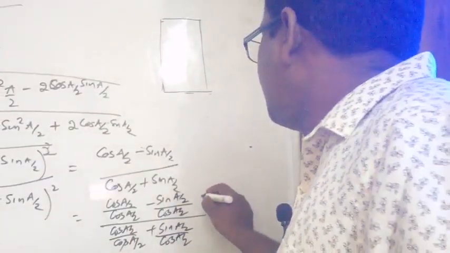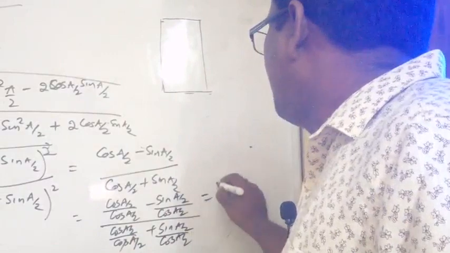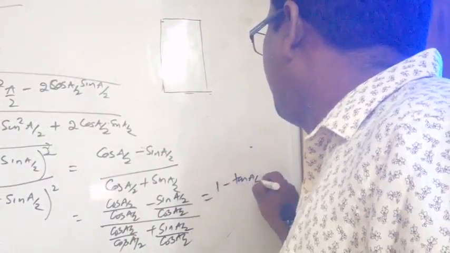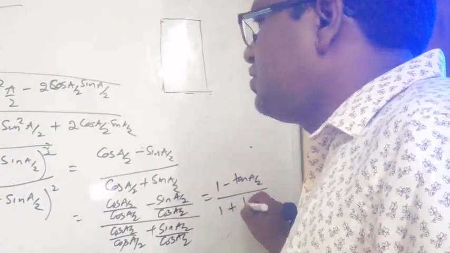So what is your answer? This is 1 minus tan a by 2 by 1 plus tan a by 2.